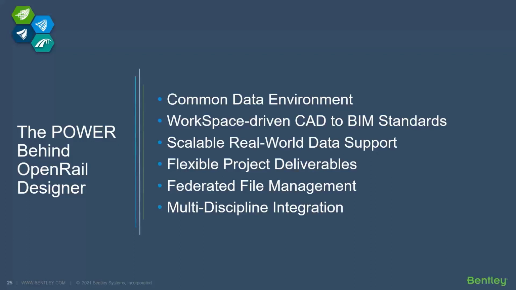This is the point where we really stress what makes OpenRail Designer the best rail design and modeling software in the market right now. Because probably you'll say, oh, we can do alignment. Oh, this software can also do corridor modeling. This software can also do regression, can also create turnouts.